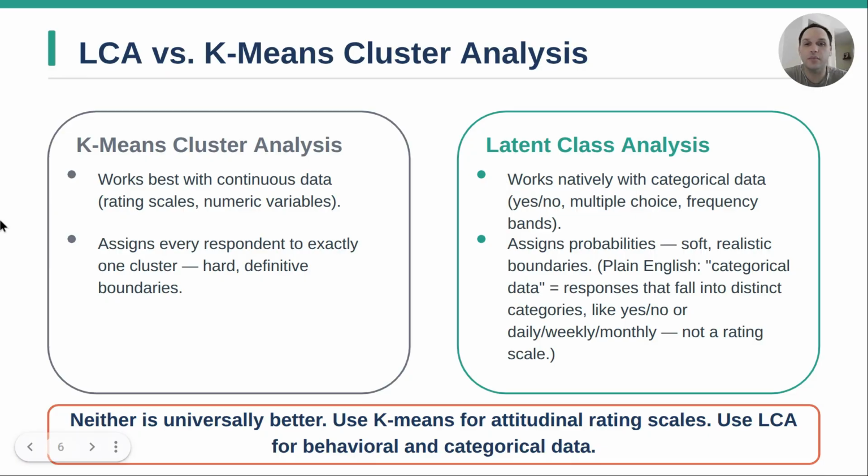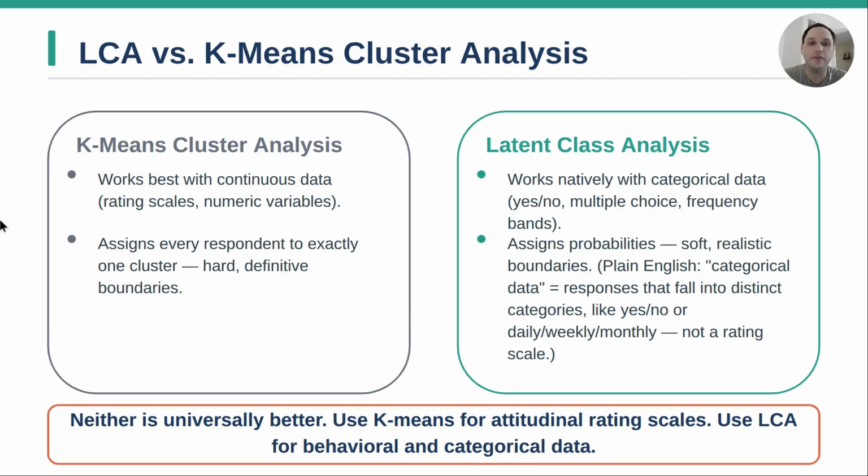It's worth being clear about how LCA compares to k-means cluster analysis, since both are segmentation methods and people often ask which to use. K-means works best with continuous data, rating scales, numerical variables, and assigns every respondent to exactly one cluster with hard, definitive boundaries.